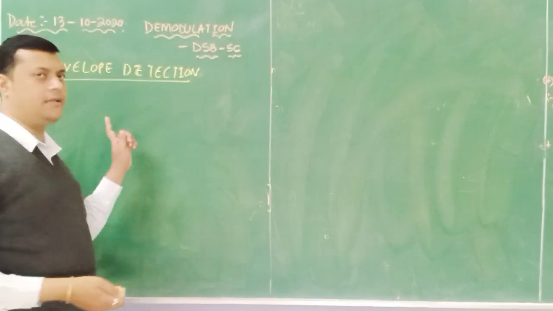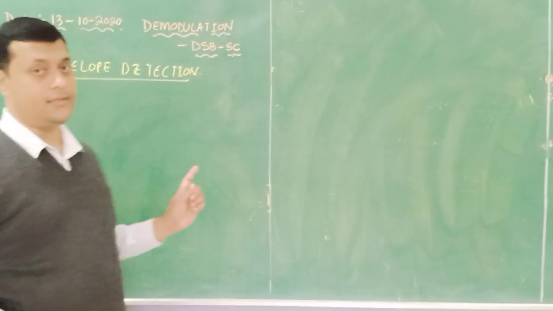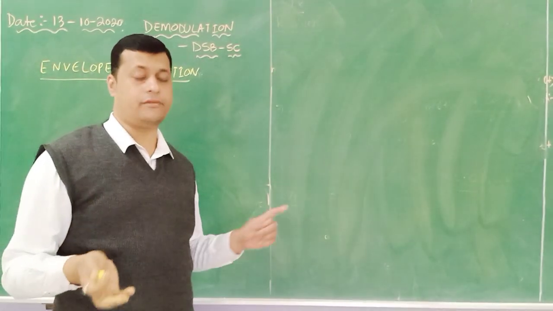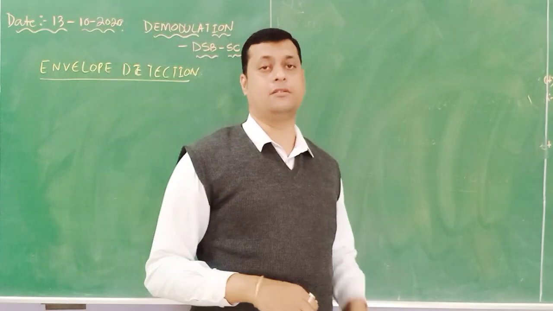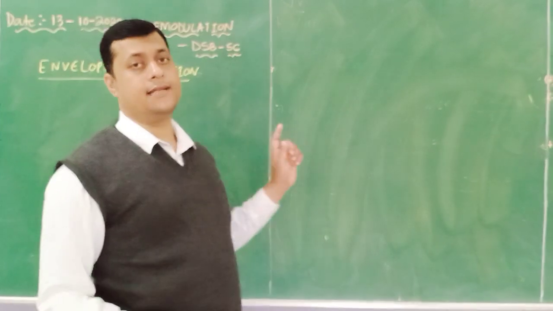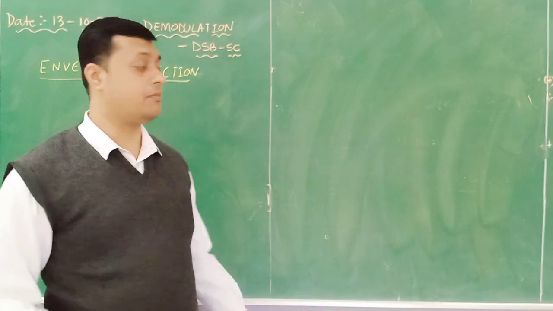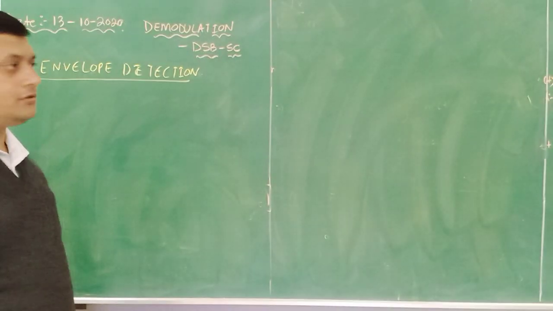Envelope detection is basically used for practical cases, but synchronous detection is very difficult to design, so we are not using the synchronous detector for practical usage. It is only for theoretical discussion. Similarly, the squaring loop is also for theoretical discussion, but for the practical case, envelope detection is used.